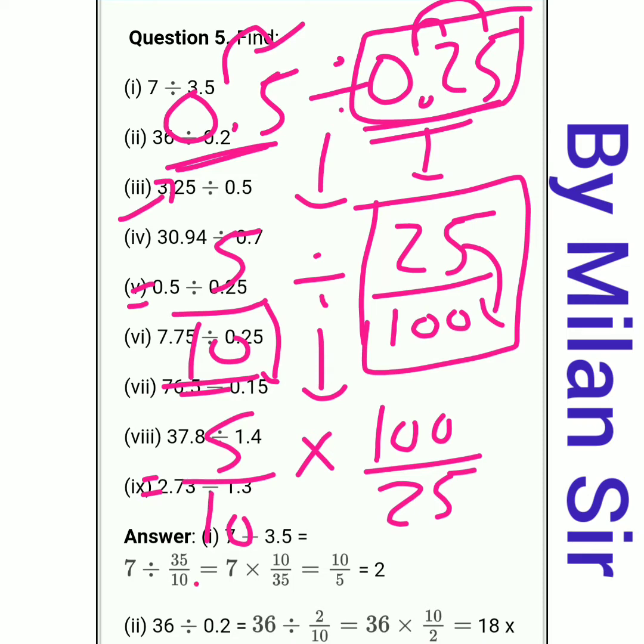Now we multiply. 10 and 100 cancel, 5 fives are 25, and 5 twos are 10. So in the numerator we have only 2, and our answer is 2.